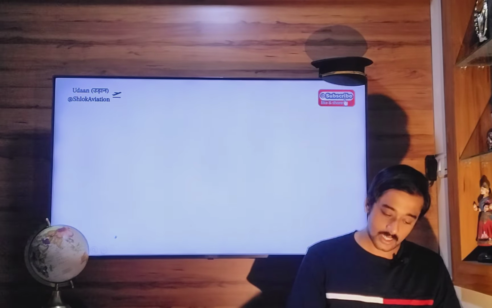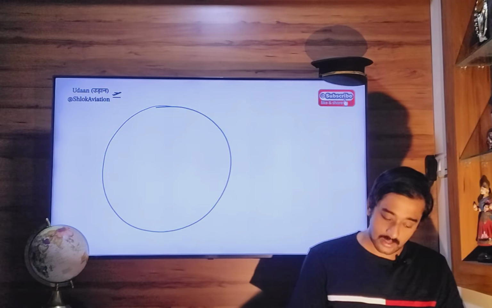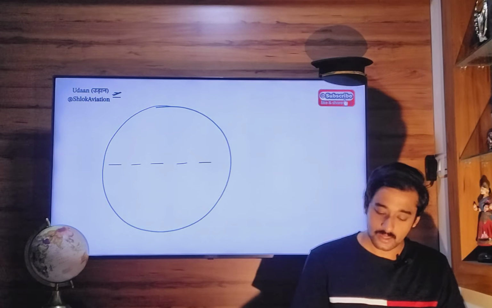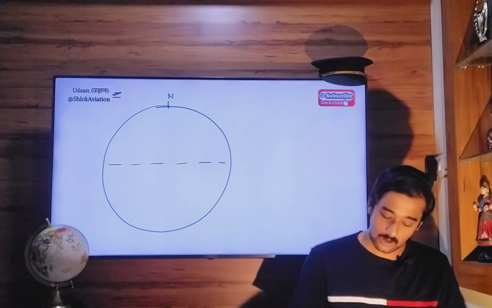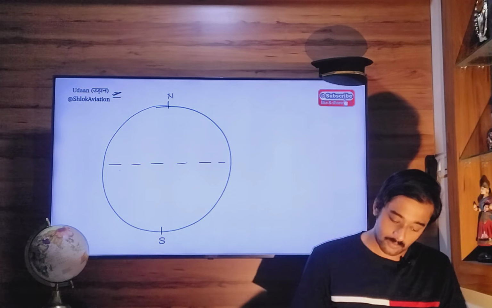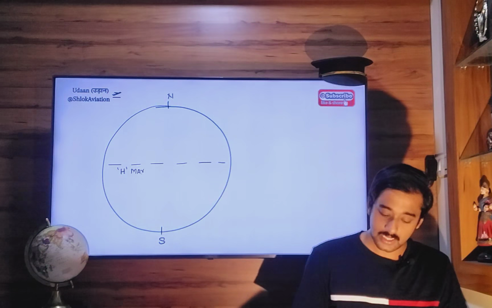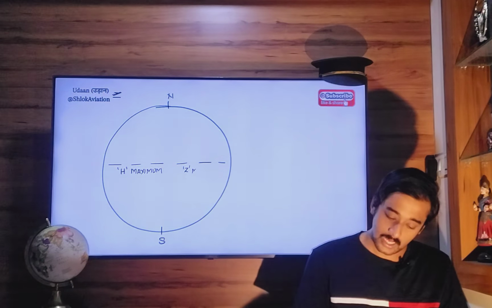Now on this earth, let's consider this is your earth, the magnetic equator is there, and then we have the north pole and south pole. At the magnetic equator, the horizontal component of the earth's magnetic field will be maximum. The vertical component will be minimum.